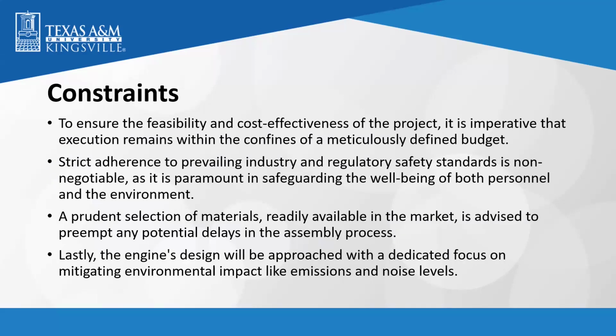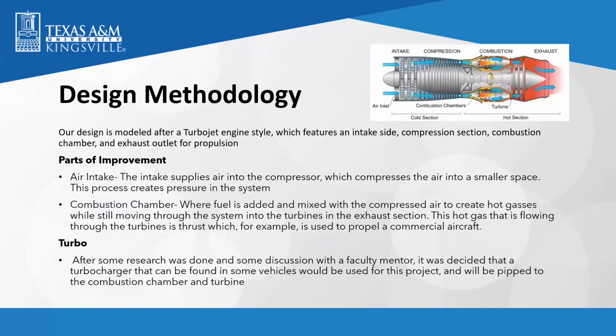Prudent selection of materials, making sure we're using things that are compatible with our end goal. Lastly, in the engine design, dedicated focus on mitigating environmental impact like emissions and noise levels. Those are some of the constraints we went with.